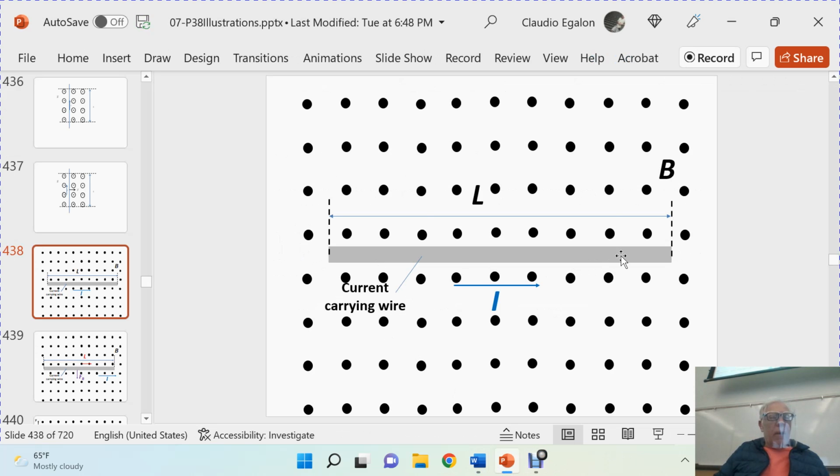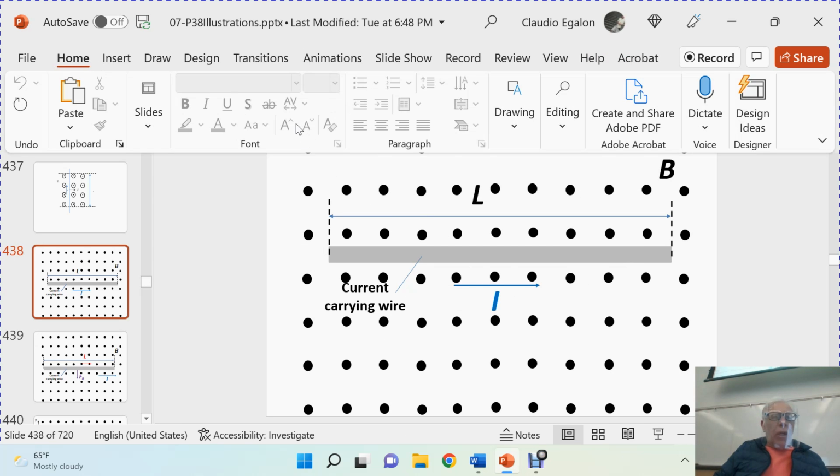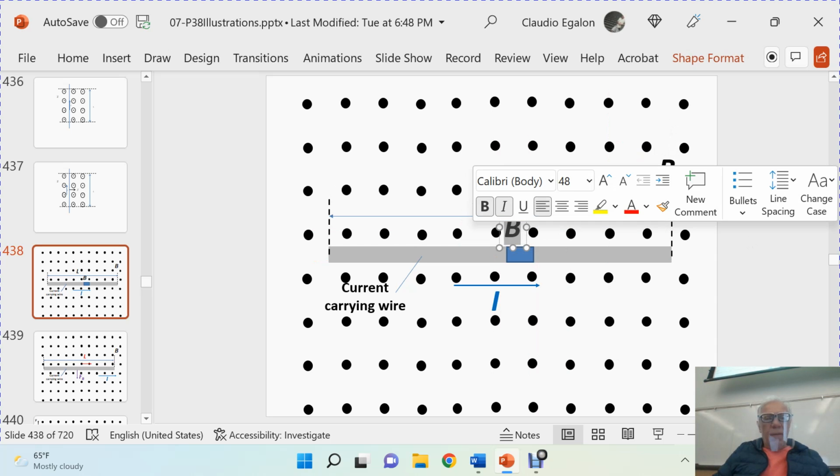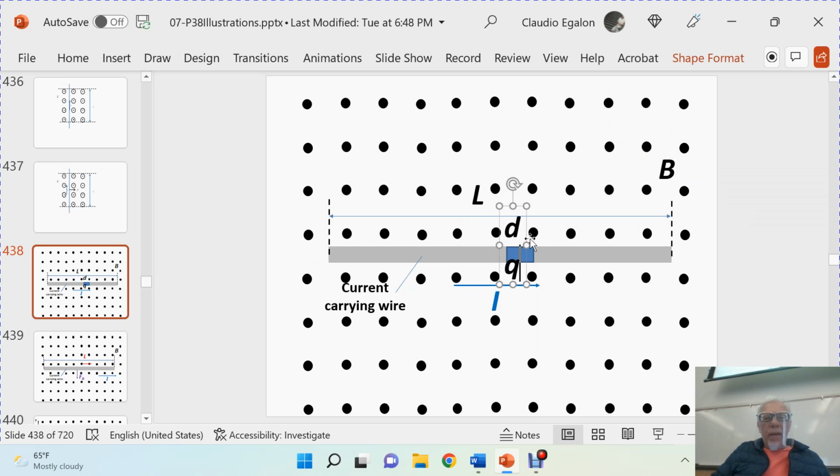Here's a piece of a current carrying wire, and we do have an infinitesimal charge somewhere here, dq.